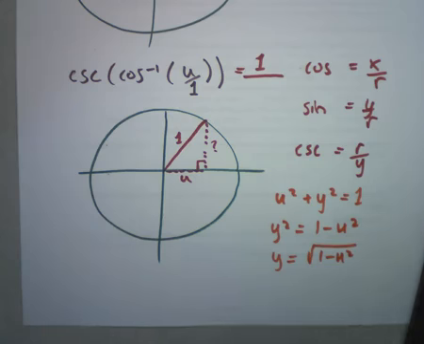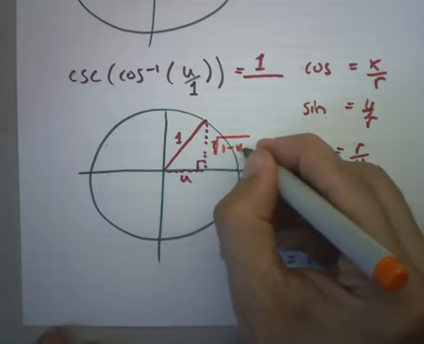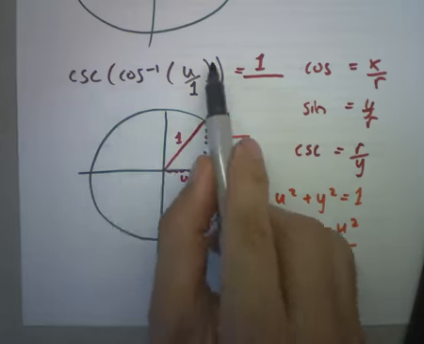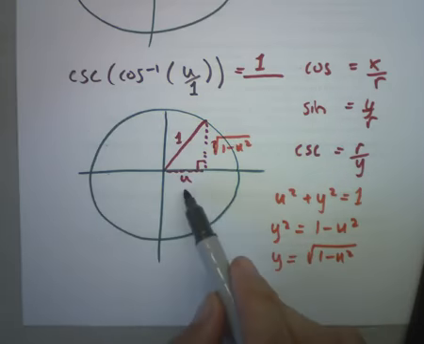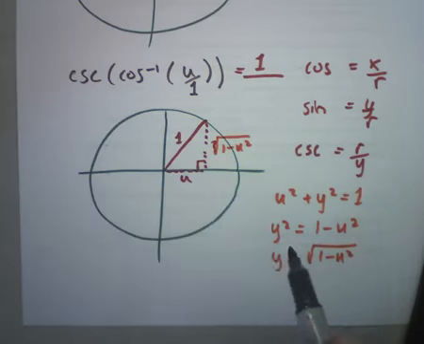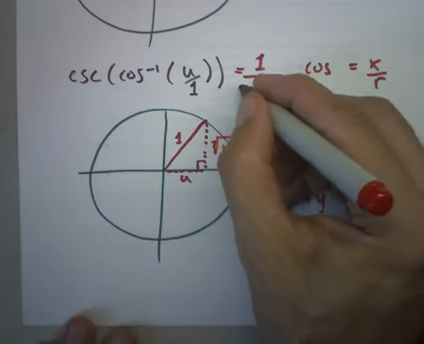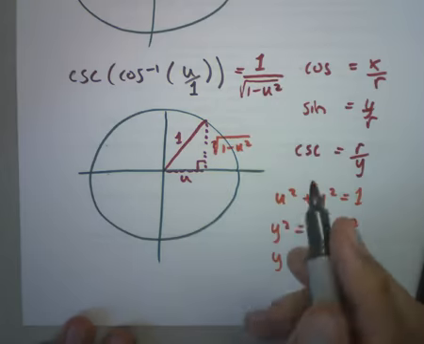So this remaining side here, this question mark, is actually the square root of 1 minus u squared, which means all the way back in our original question, when they were asking for the cosecant of this angle that has an inverse cosine of u over 1, the cosecant is just 1 over the y-coordinate. So that's 1 over the square root of 1 minus u squared.